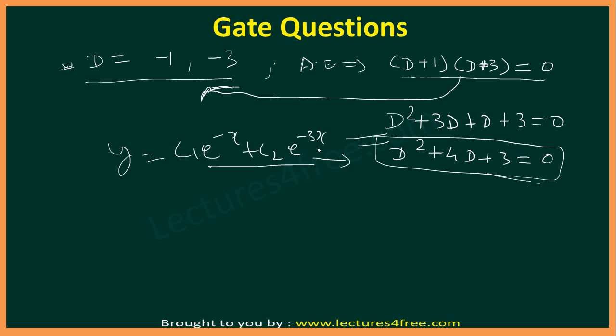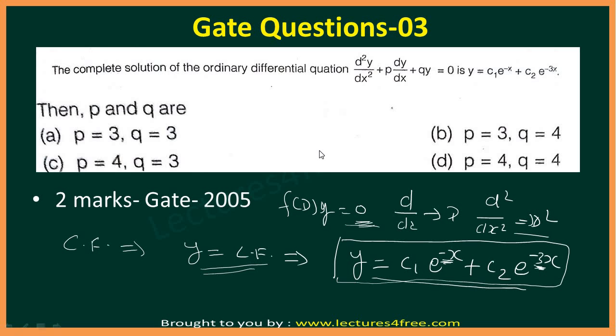Now from the given differential equation, d square y upon dx square plus p dy by dx plus qy equal to 0, get the auxiliary equation. Then we will compare these two auxiliary equations, and by comparing we will get the values of p and q. So let's find the auxiliary equation from the differential equation.